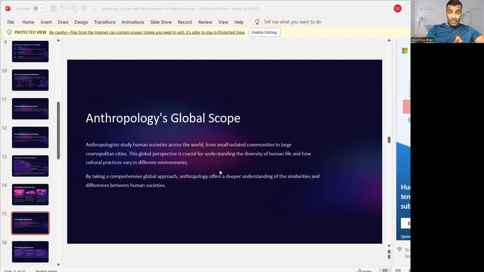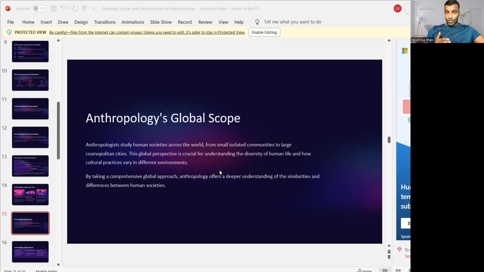By studying different societies, anthropologists can see how cultural practices vary and how humans adapt to different environments. This global approach allows anthropology to offer a comprehensive understanding of humanity, which highlights both the similarities and differences between human societies across the length and breadth of the world.